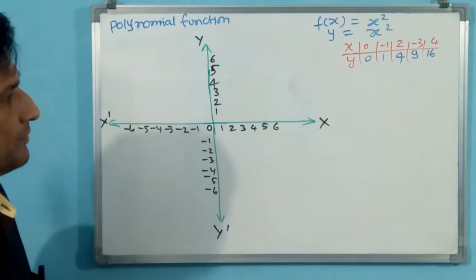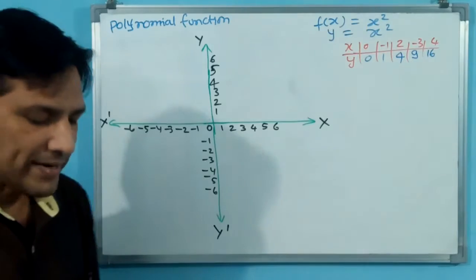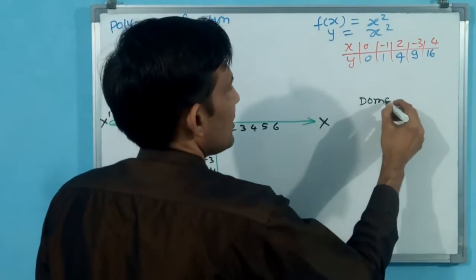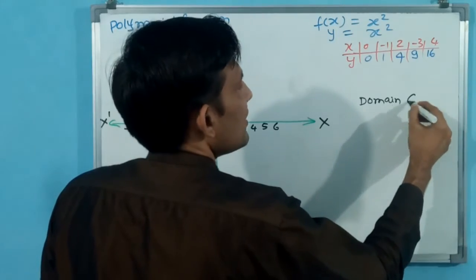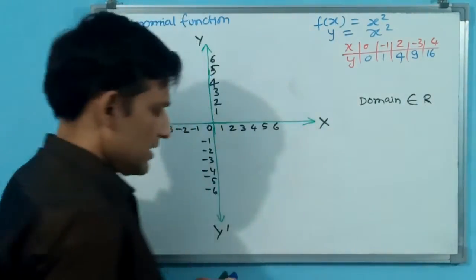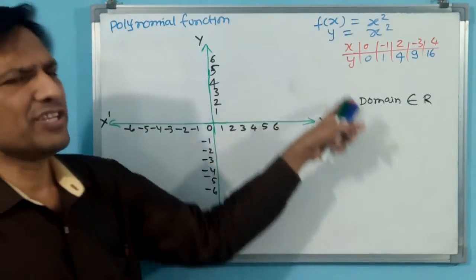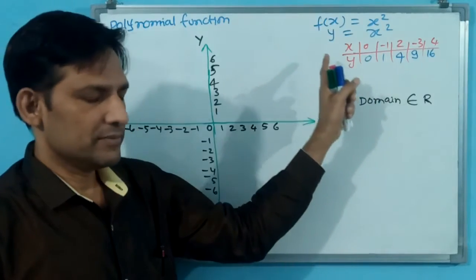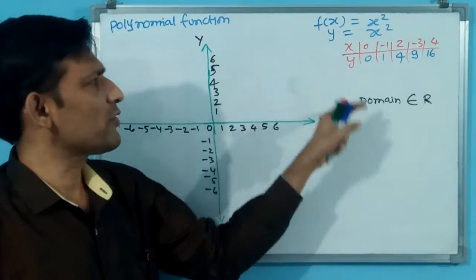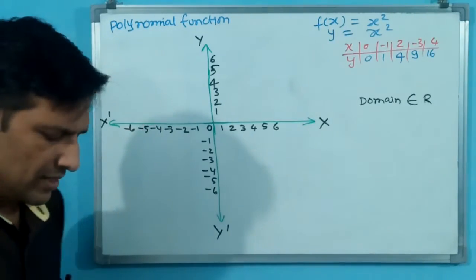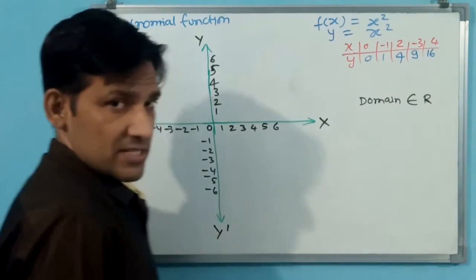Now you write the domain and range. The domain belongs to R, is it correct? Real numbers: it may be integers, rational numbers, irrational numbers, whole numbers, naturals, whatever it may be. Now observe the range. What is coming?